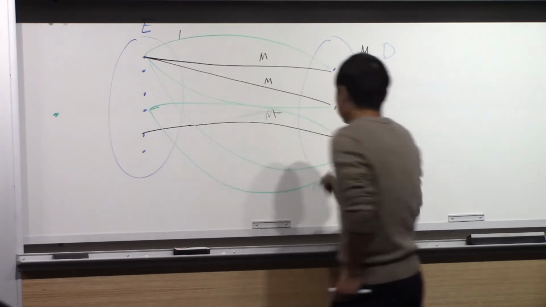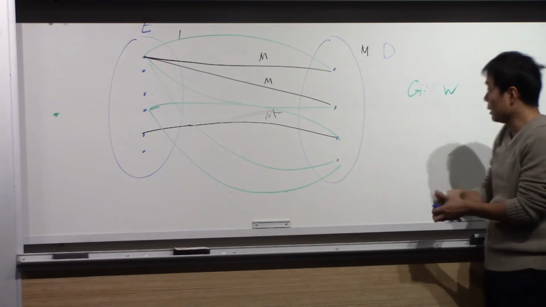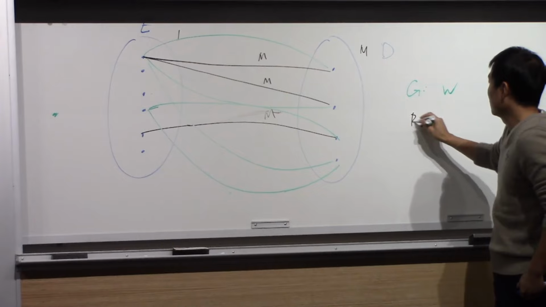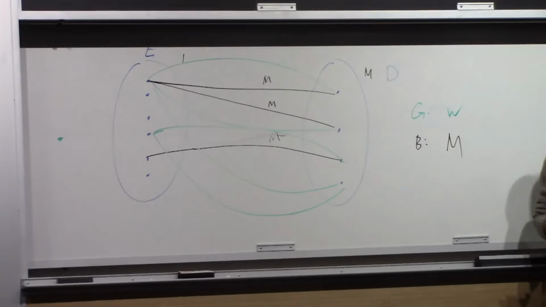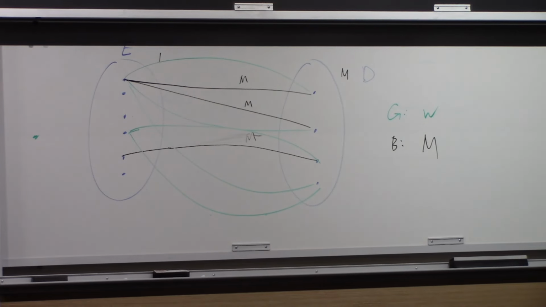And that, by design, is a many-to-many mapping. It means that I can work in this department, I can work in this department, I can also work in another department. For example, this one may work in another department, and so on and so forth. So the green is for working, the black is for management.